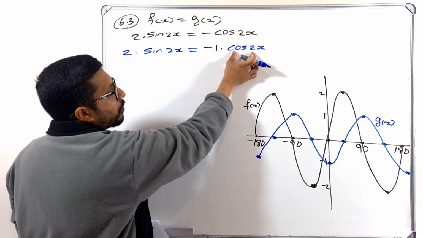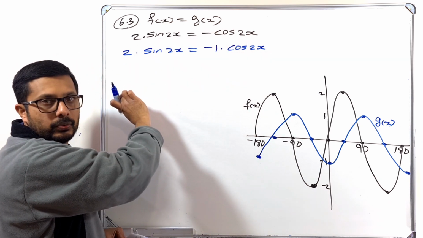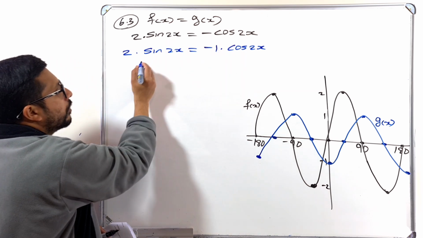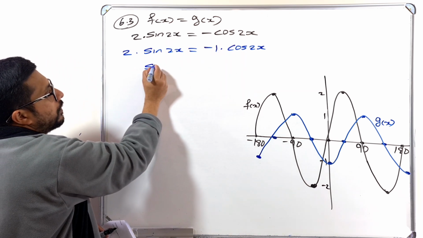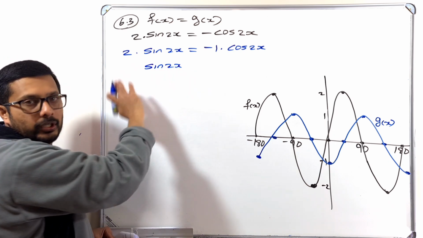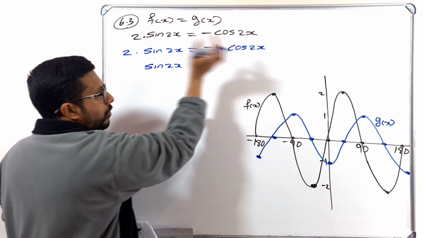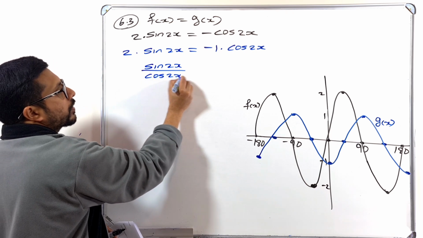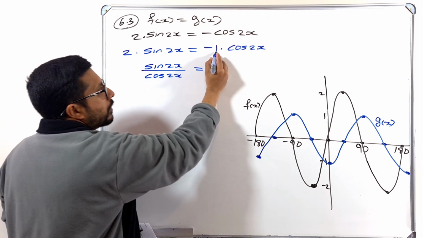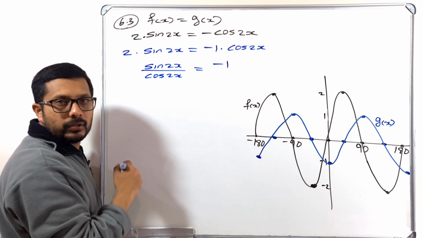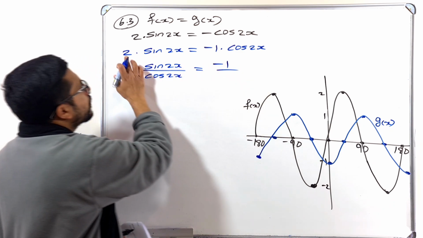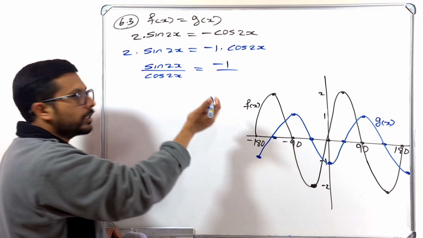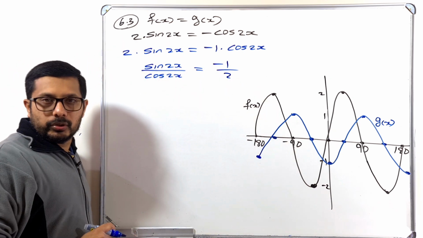So I want to take this cos 2x to this side. What must I do? Here it is multiplication, so on this side it is division. So sine 2x is already on the left side. Now I take cos 2x to this side, so it is division, that is sine 2x over cos 2x, is equal to minus 1, which is already there on the right side. Now take this 2 to the right side: here it is multiplication, so on the other side it is division, that means divided by 2.